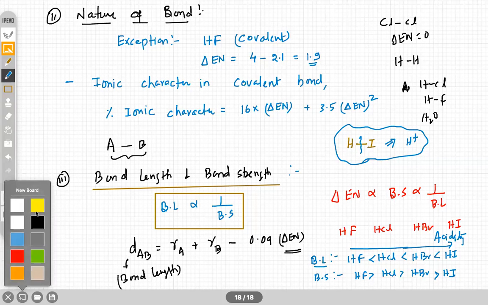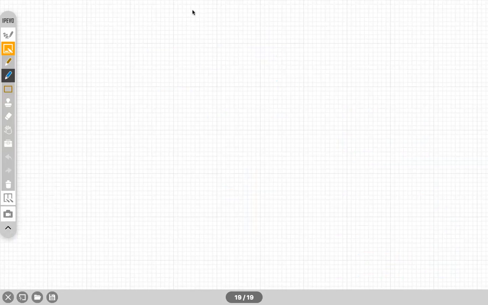the next one you see, write down dipole moment. Dipole moment is represented by mu.